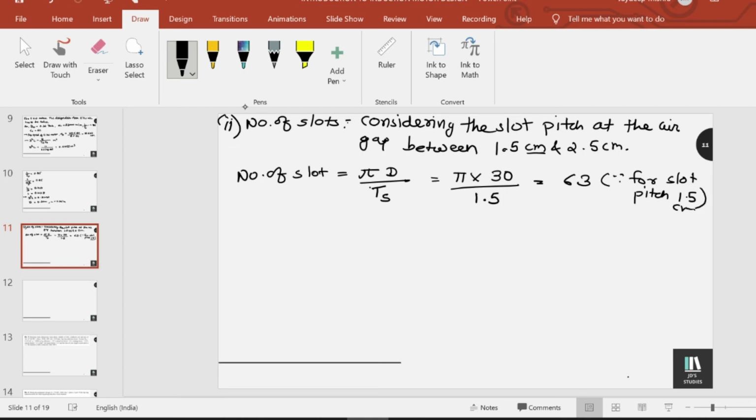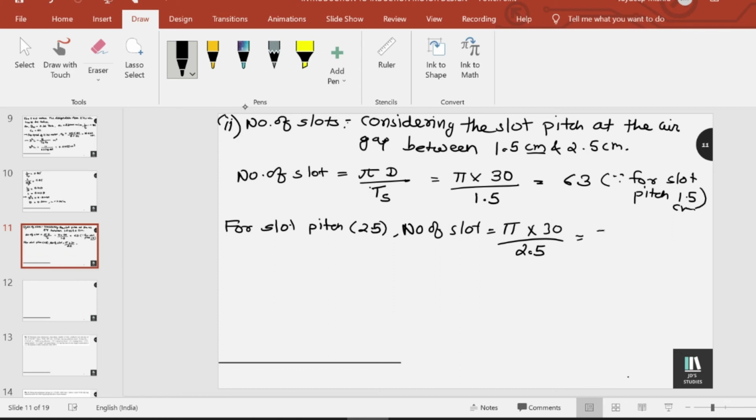Now for the slot pitch 2.5, number of slots is pi D divided by 2.5.